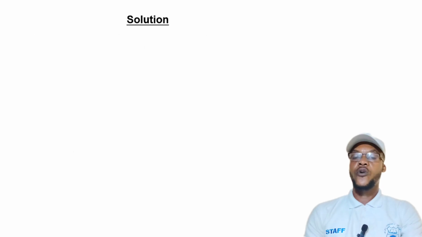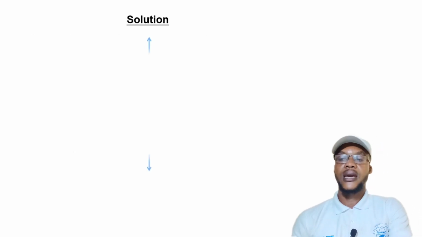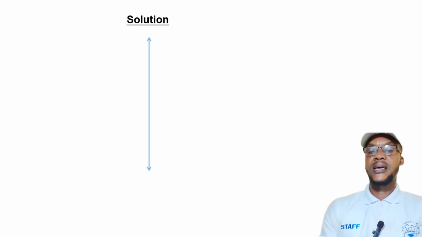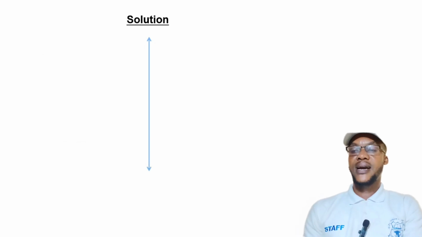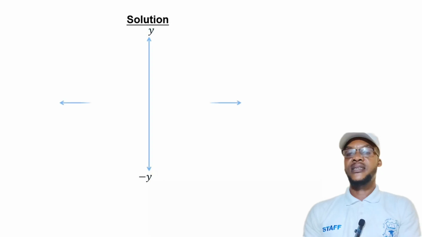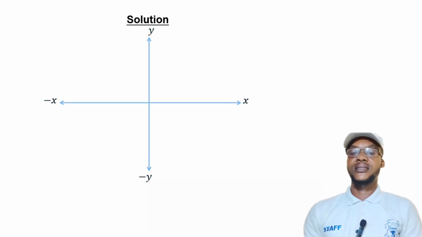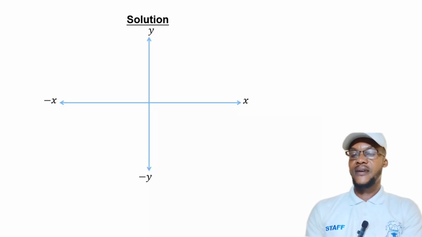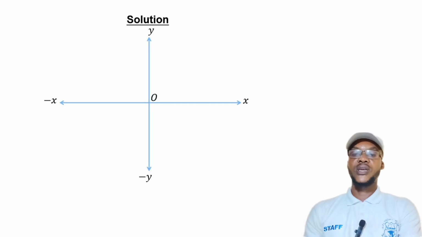So we draw our two lines, the x and y axis, and they divide the Cartesian plane into 4 quadrants. Looking at that figure, our center is O. We have -6 and -8.